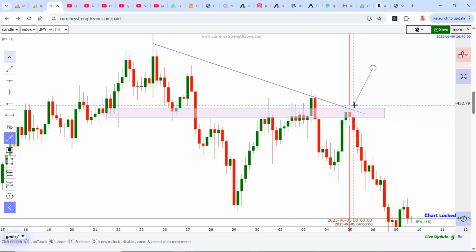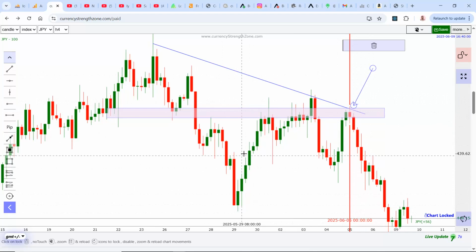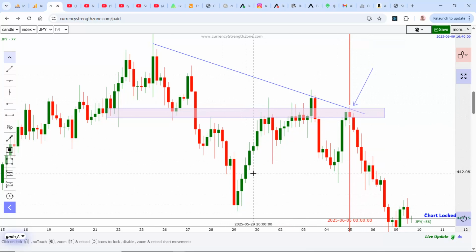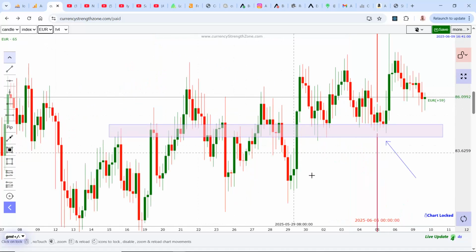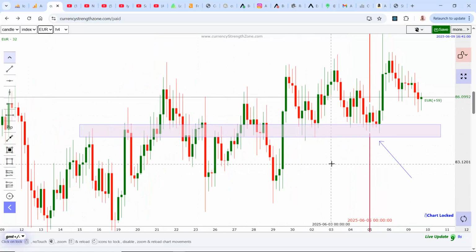So at this date, the Japanese Yen index, the JPY index, was willing to sell with bearish candle confirmation from the support and resistance zone and the trend line, and the Euro index was also willing to buy, having a buy setup.